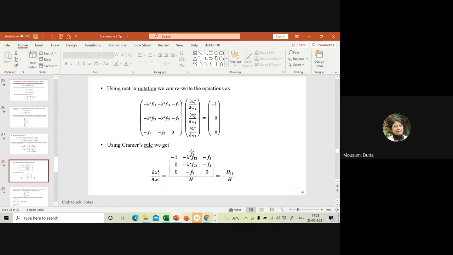Very good. And then using Cramer's rule, please write down del x1 star by del w1. Denominator, you will find that is equivalent to H, the Hessian determinant. Ma'am, the thing is, in the matrix form, won't it be like minus 1, 0?